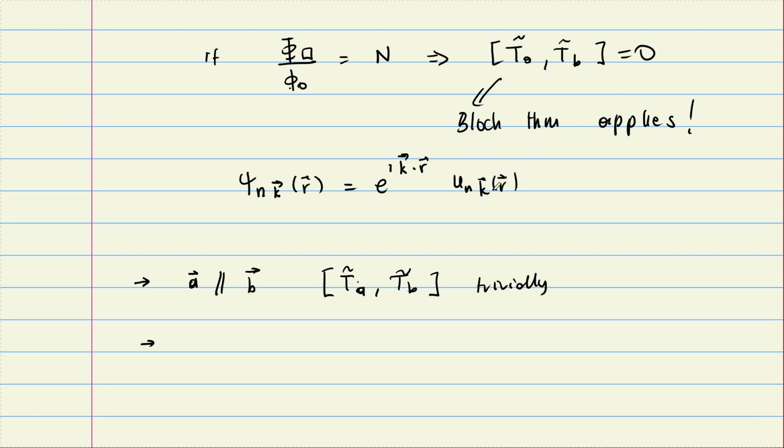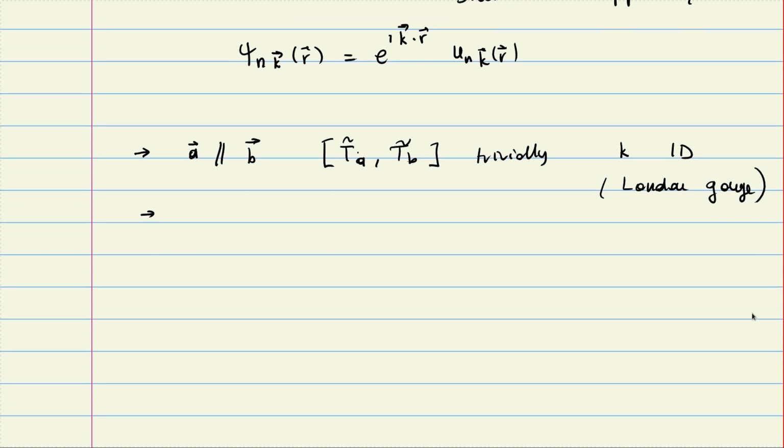The periodicity of u_nk is a little bit different. I will also show this in a little bit, but this condition defines k, the Brillouin zone, and in that case k becomes 1D, which is like Landau levels in Landau gauge, which we have been studying a lot.